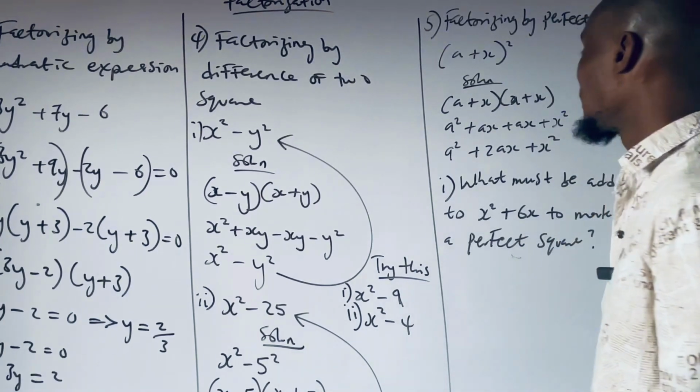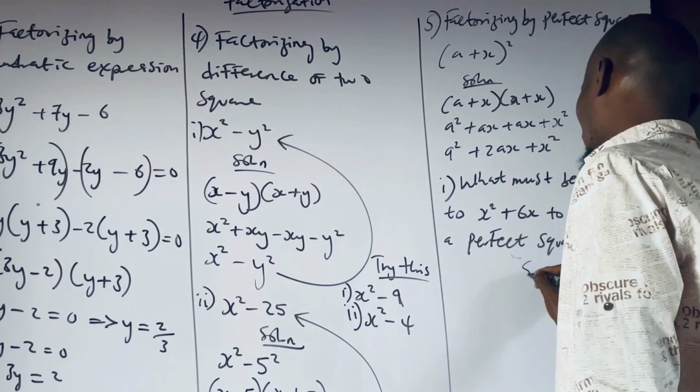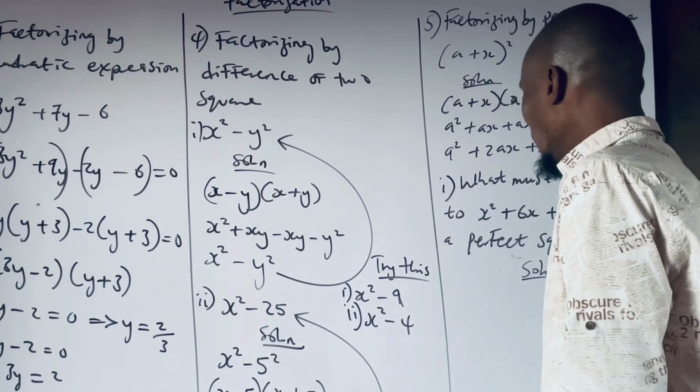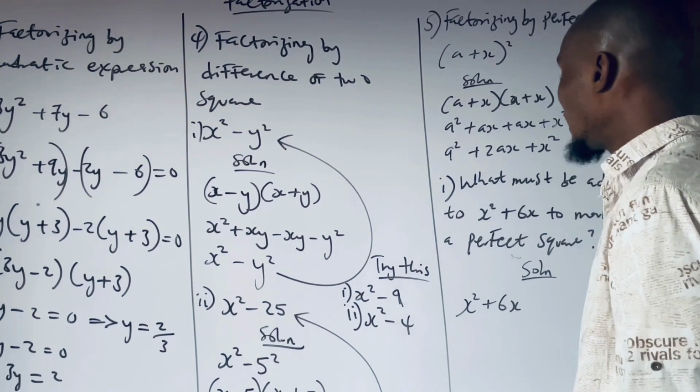This is a question. What must be added to x square plus 6x to make it a perfect square? Solution. We have x square plus 6x. That is the question, right?